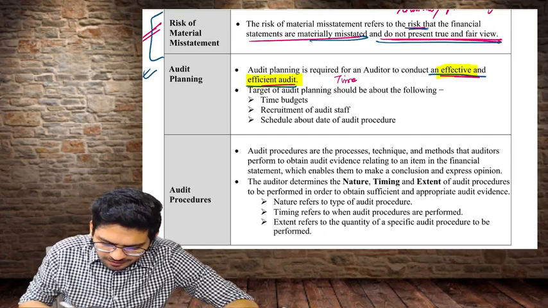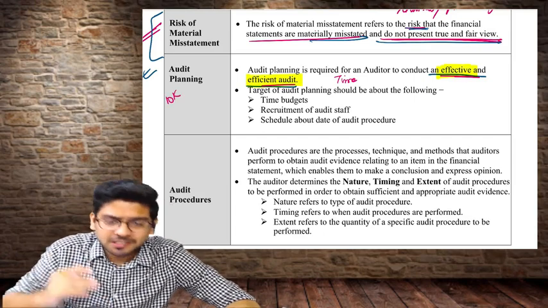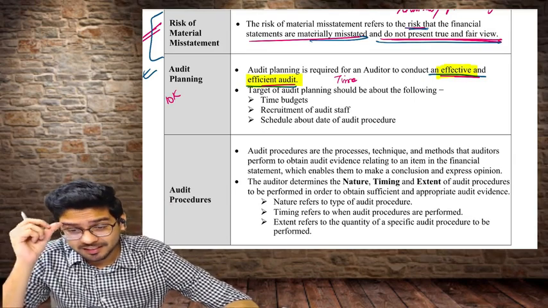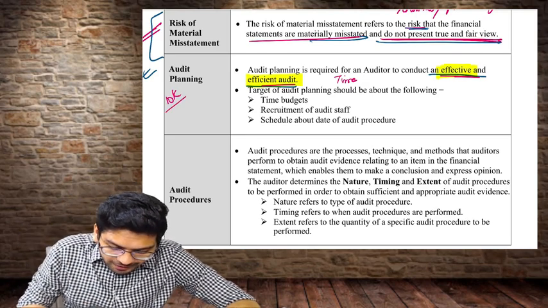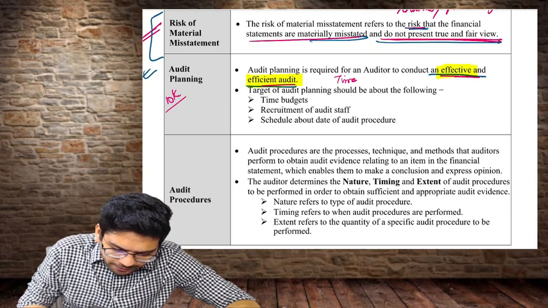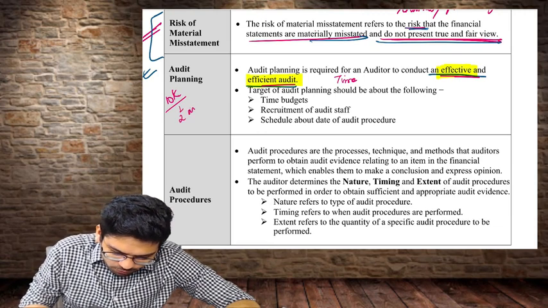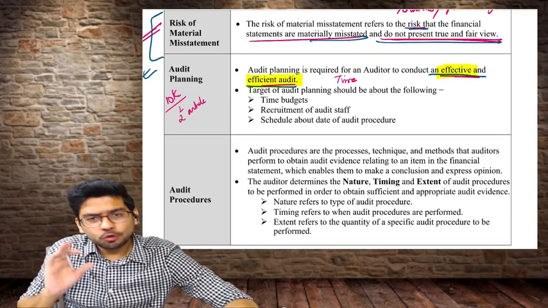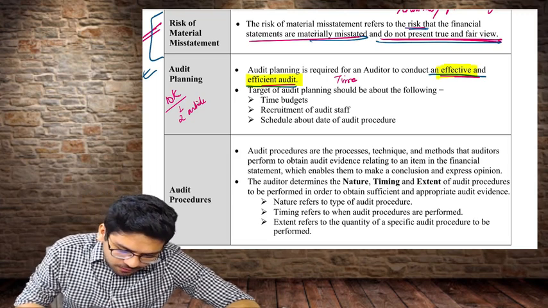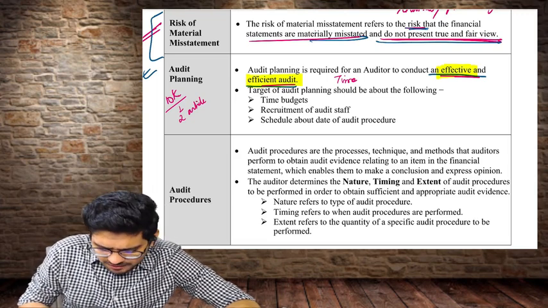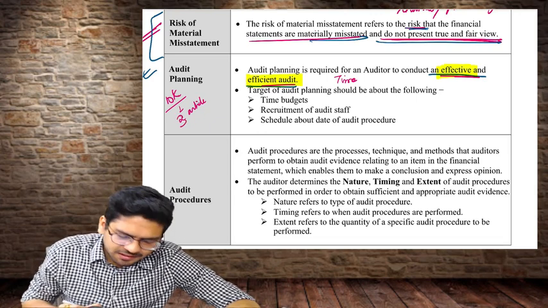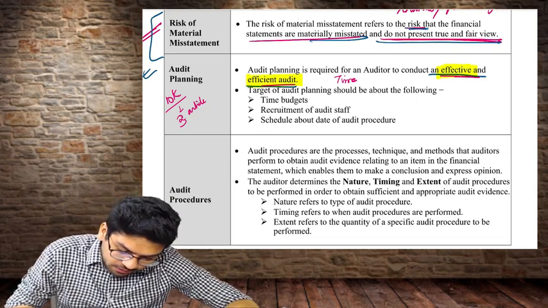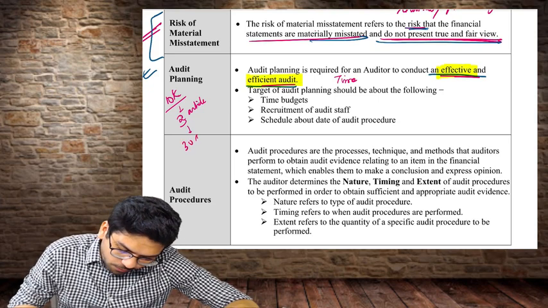Let's say I am getting 10,000 rupees as fees for one audit. Now I sent, let's say, 3 articles, and they took 30 days to complete the audit.